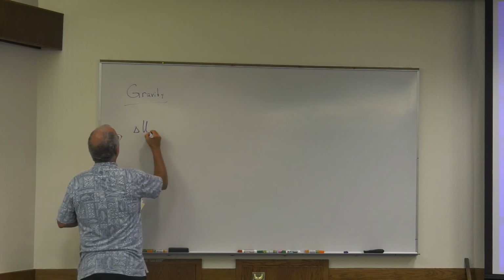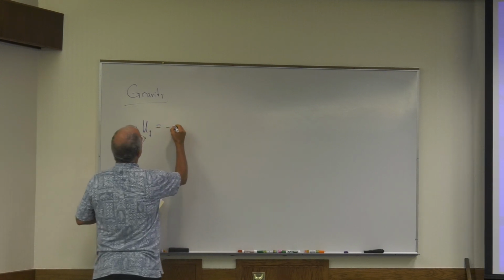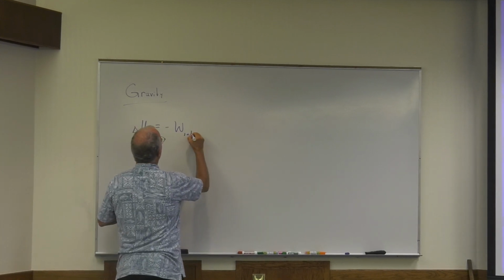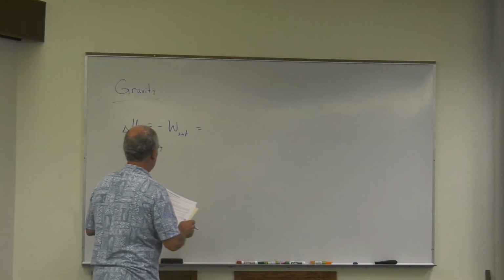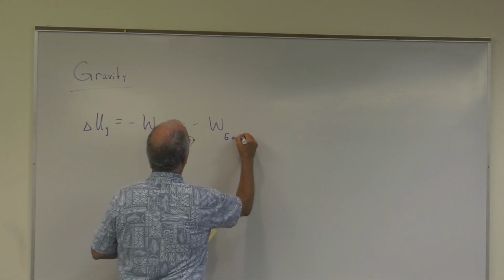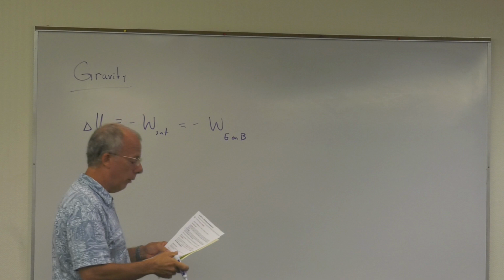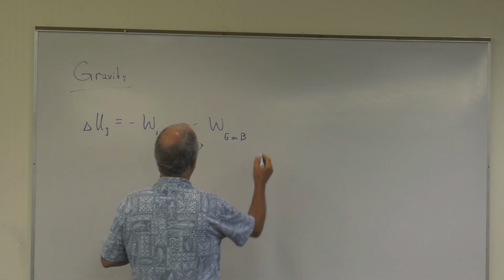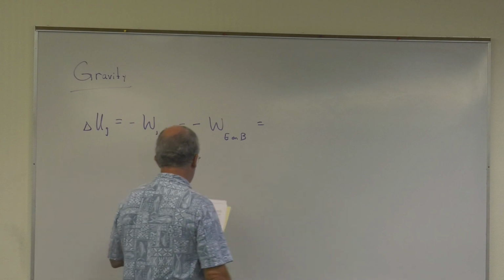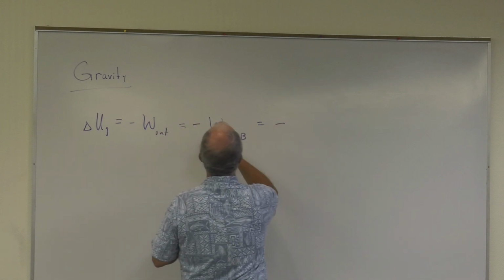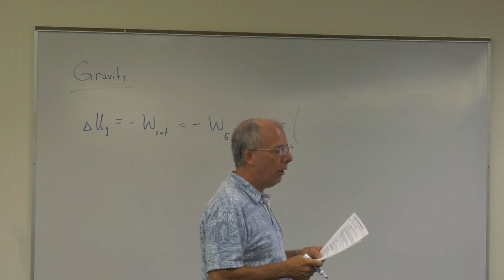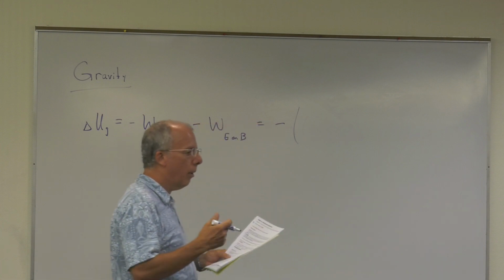So delta U gravity equals minus work of the interaction. Okay, now what's the interaction? That's Earth on ball, right? The Earth is interacting with the ball. Now remember there's a minus sign here, right? So we have minus. Now, what's the work that the Earth does on the ball?